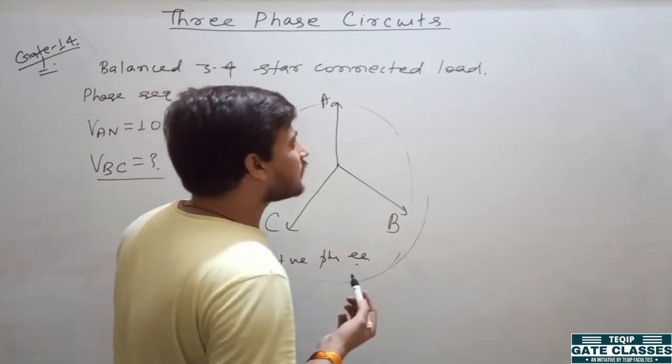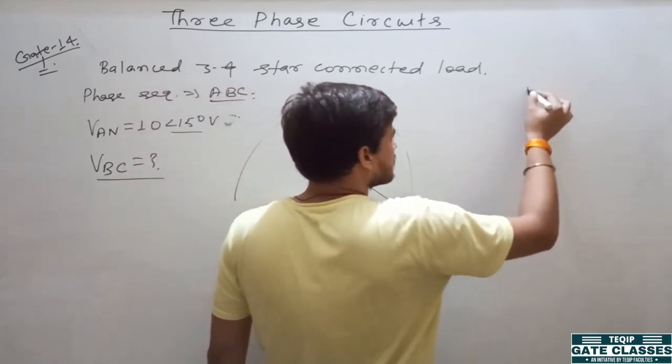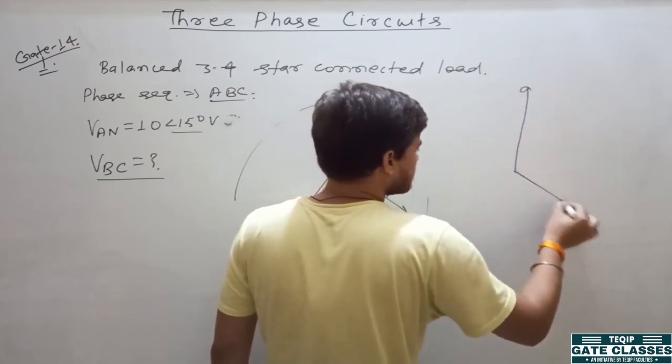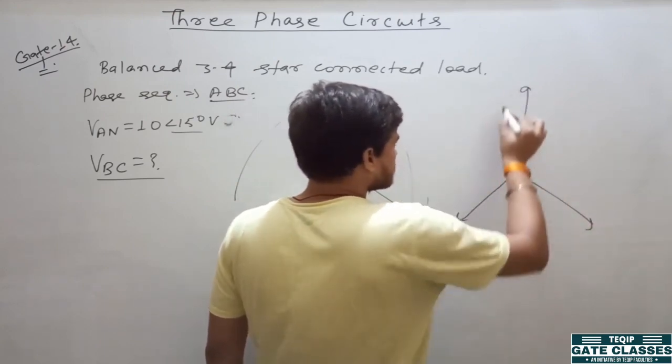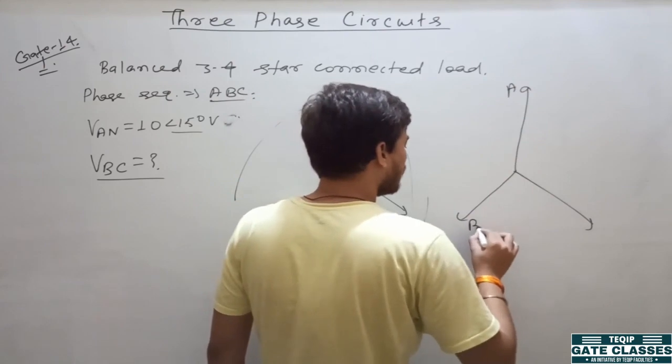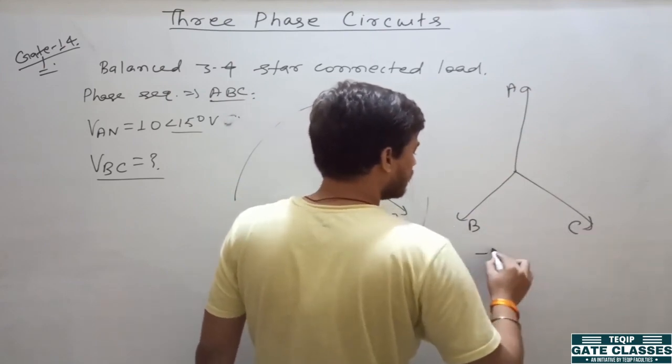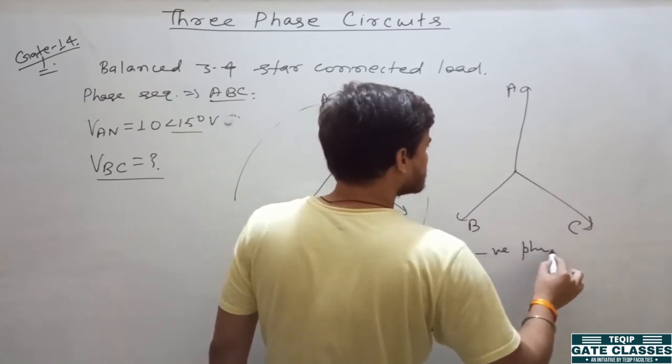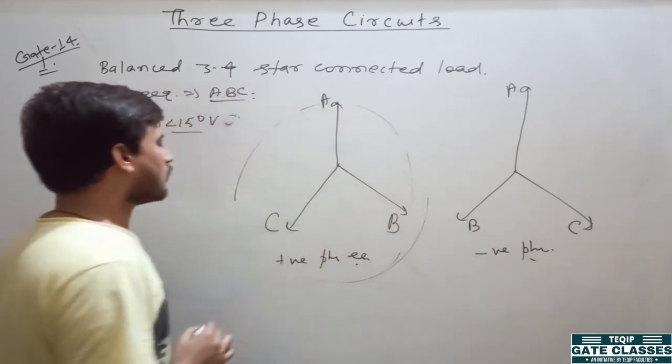Now somebody is giving you the negative phase sequence. So negative phase sequence means A, C and B. So this is the negative phase sequence, and this is your positive phase sequence.